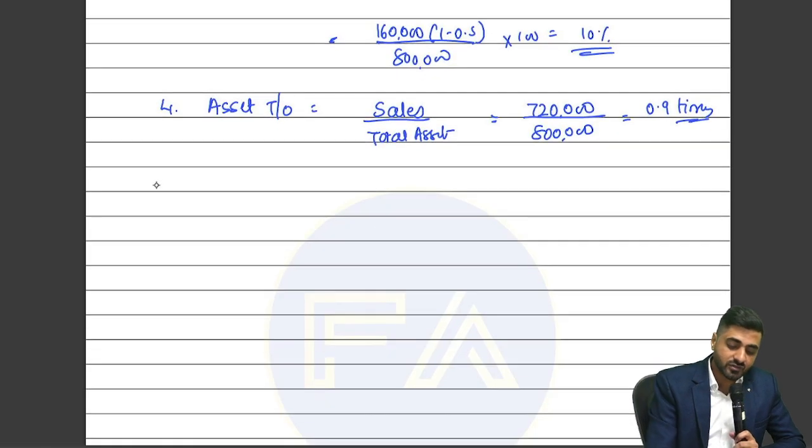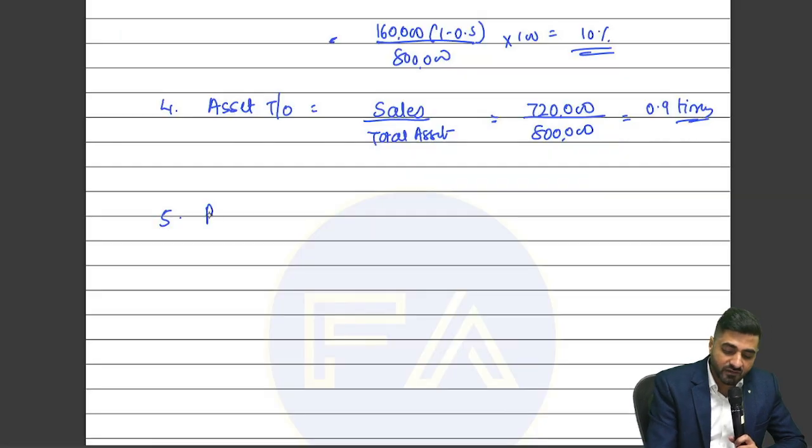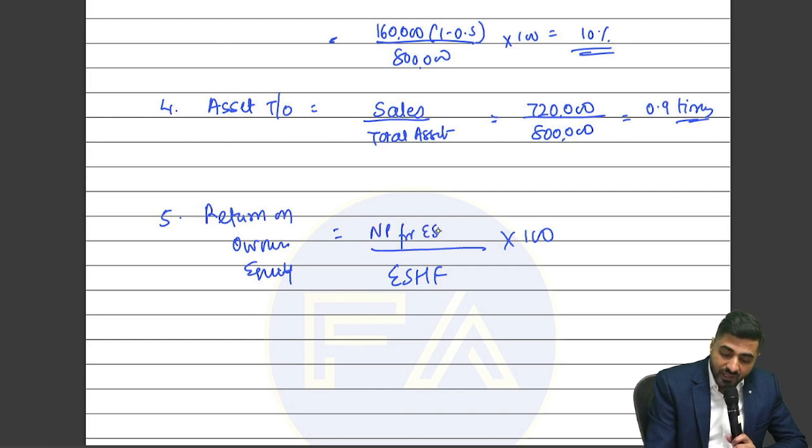Tell me the next ratio. Return on owner's equity. Everyone in one voice. Equity means equity shareholders' funds, so I have to divide by equity shareholders' funds and multiply by 100. What should come in the numerator? Net profits available for equity shareholders, divided by equity shareholders' funds. Very simple if you know the ratios.